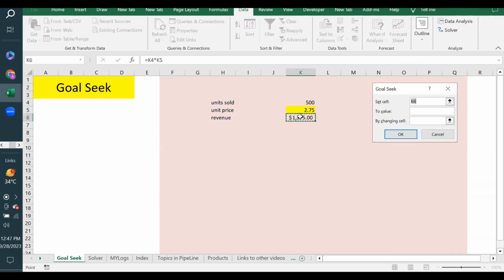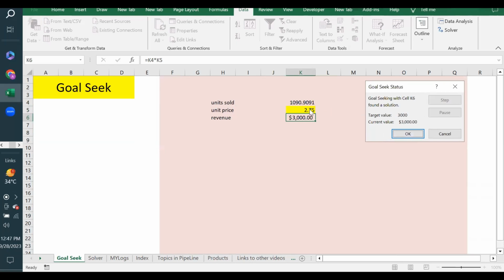You set the revenue to a value of $3,000 by changing units sold, keeping the unit price fixed. You click OK. So this is going to be your solution: you need to sell 1,090 units of the product, keeping $2.75 as the unit price, and then you will be able to get this revenue.